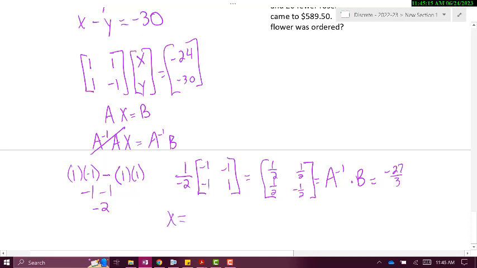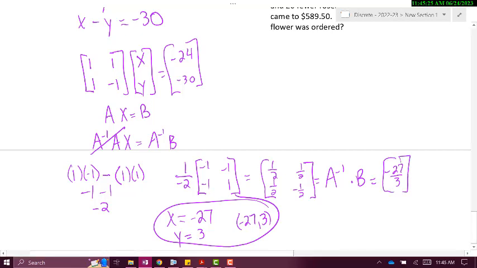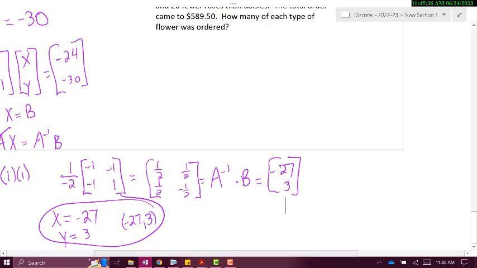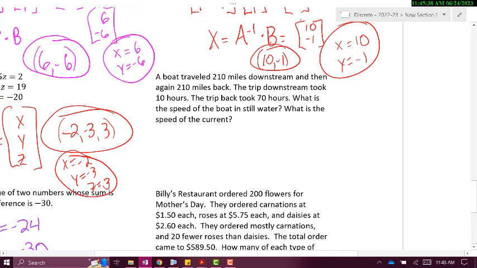So x equals negative 27, y equals 3, or as an ordered pair, however it makes sense to you. It should be a matrix, not a fraction. We got 2 more to try here. And I think we're going to stop there.